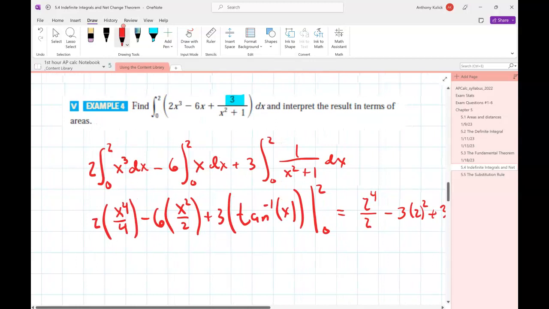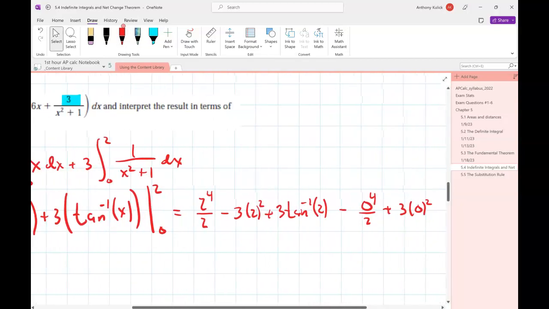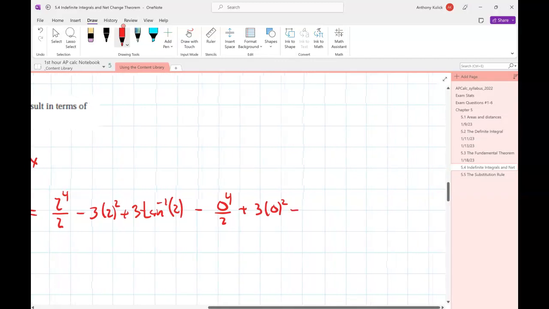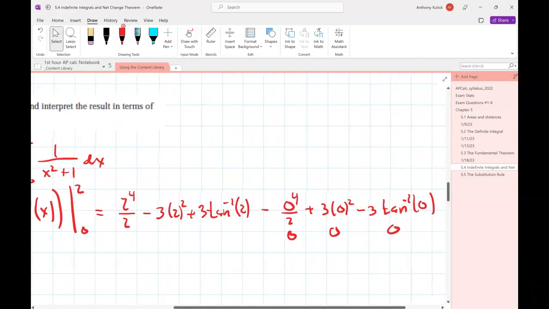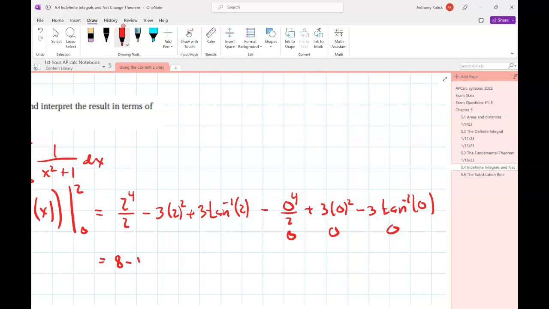Well, this reduced down, right? Oh, I see. And then I'm distributing the negative here as I go. Here's the good news. Tan inverse of 0 is 0. So that end just drops on out of there. So I have 8 minus 12 plus 3 times tan inverse of 2.